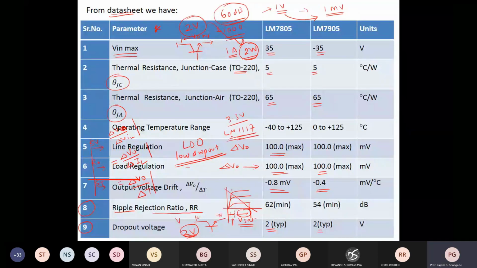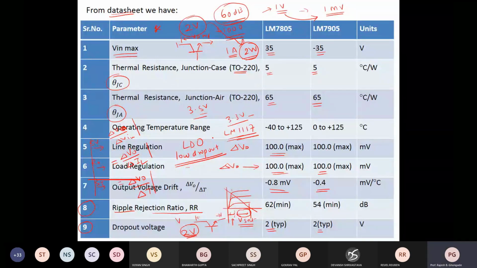That is a 3-terminal regulator and it is a low dropout regulator. It simply means that I can have as low as 3.5 volts at the input, and still the output is going to be 3.3 volts. So this dropout voltage is a very important thing.